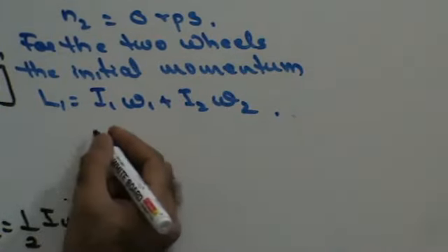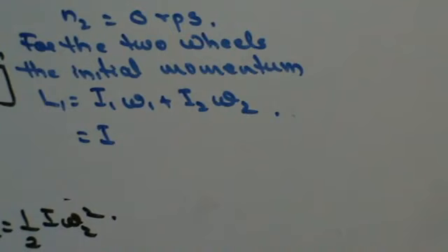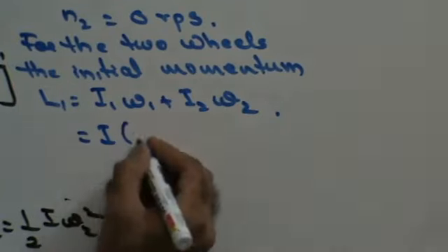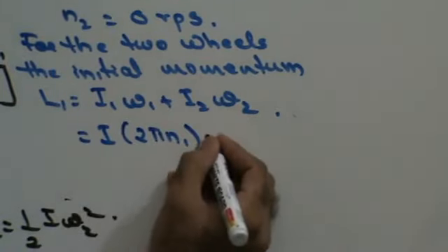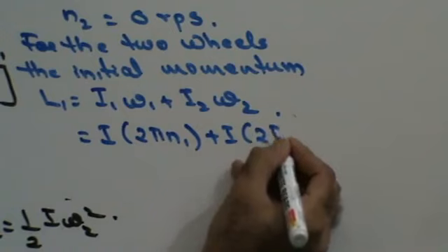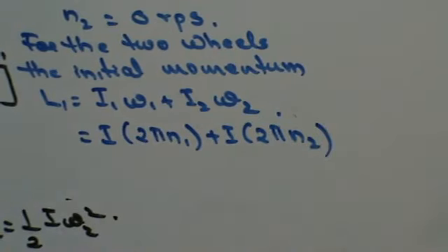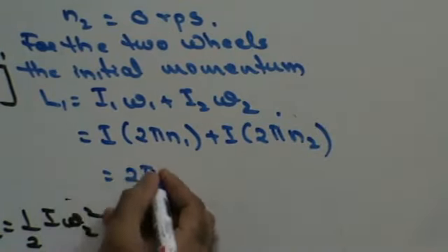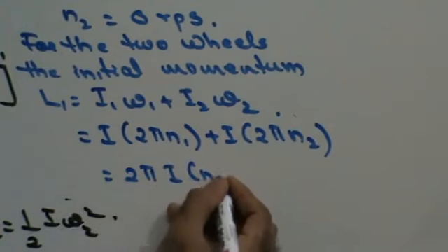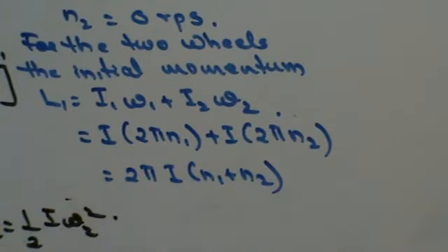They've said that both the wheels are identical. Therefore, the moment of inertia of the two wheels will be same. So I times 2 pi n1 plus I times 2 pi n2. In that case, you will get 2 pi I into n1 plus n2. That will be the initial momentum of the system.